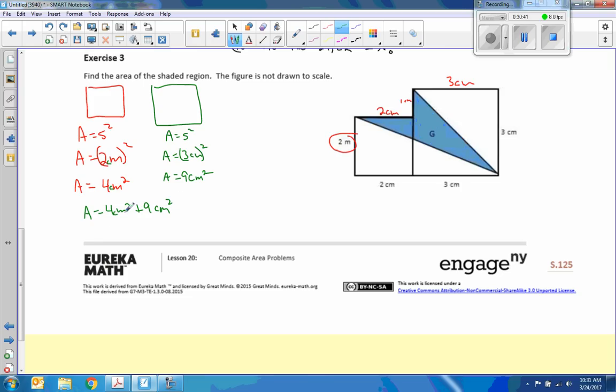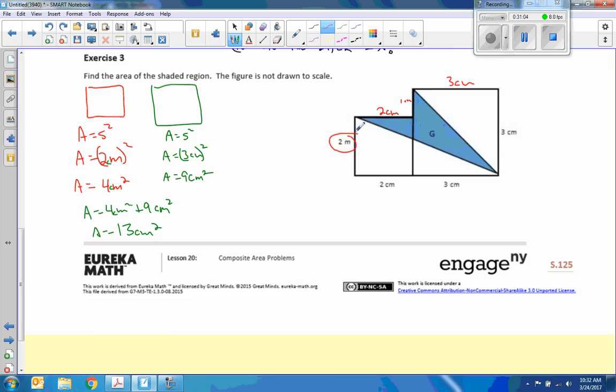So the area is 13 centimeters squared. That is all of this. So if I subtract this white triangle from that area and subtract this triangle from that area, then we're going to get the blue area.